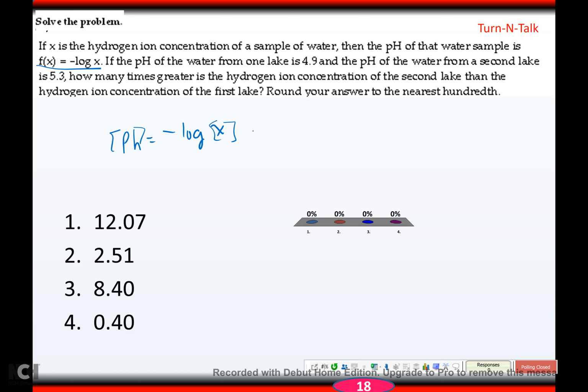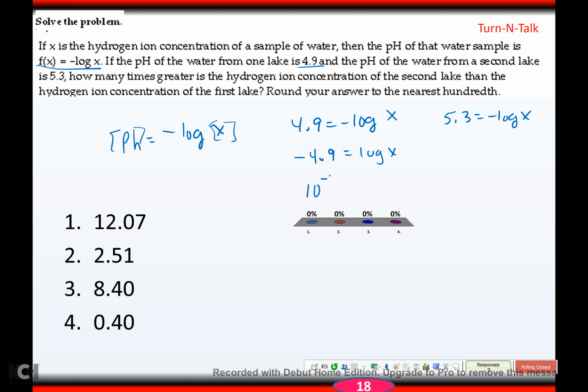Anyway, it says the pH from the water of one lake is 4.9. And the pH of the water from a second lake is 5.3. How many times greater is the hydrogen ion concentration of the second lake than the hydrogen ion concentration of the first lake?